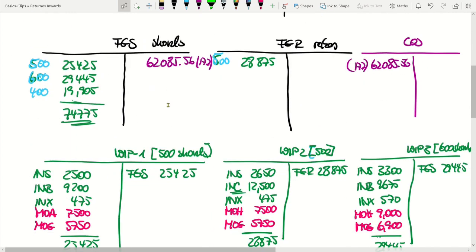I have to record the stock release, so it is 450 multiplied with 28,875 over 500.